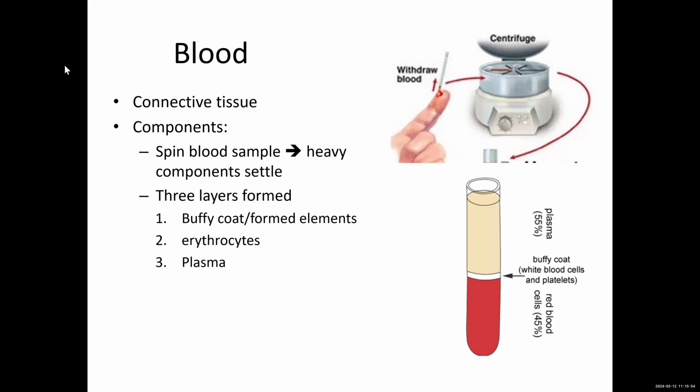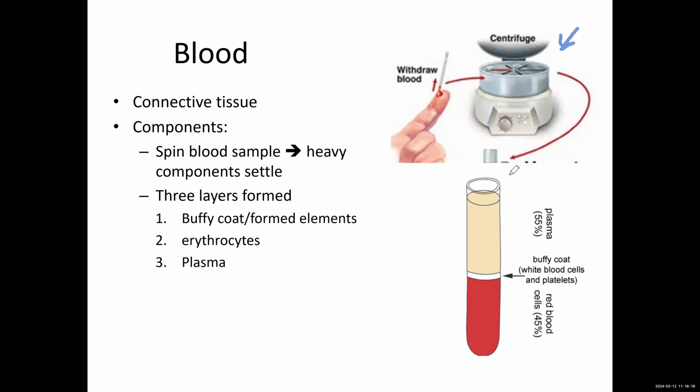Now, what is blood made of? First, blood is a tissue. It's a connective tissue, a fluid connective tissue. If you draw blood from a patient, you can draw from superficial capillaries or from veins, put it in a test tube, and then centrifuge it.